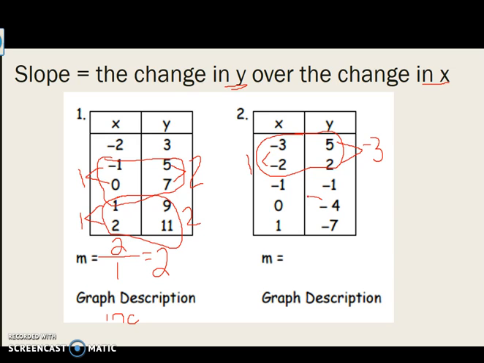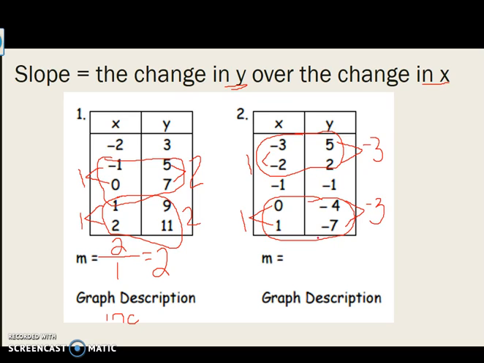Let me pick 2 other points, like these 2. So 1 minus 0 is 1. And -7 minus -4 is -3. 7 negatives, take away 4 negatives is 3 negatives. So if you notice, the numbers are getting smaller. They're decreasing.